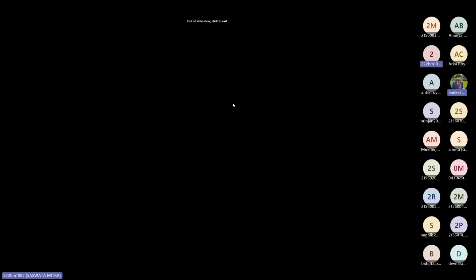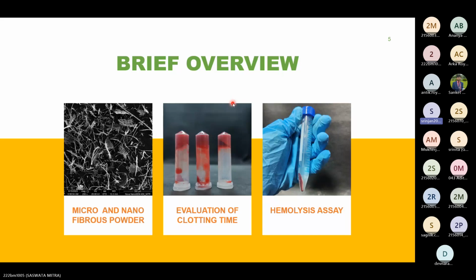Shinjan had a question. Slide number 5, the second picture, I just wanted an explanation. Evaluation of clotting time, yes, sir. What we do is take a small amount of a sample and pour blood on it, and we check how much time it takes to clot. If it is flowing down, then the clot has not been formed. As you can see, all of it has clotted in a single part, so the blood is clotted properly.